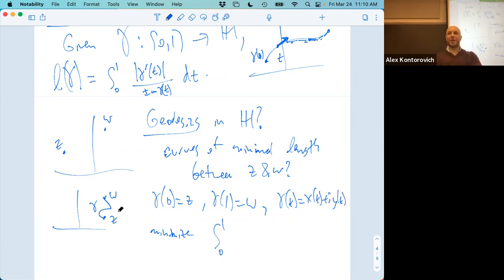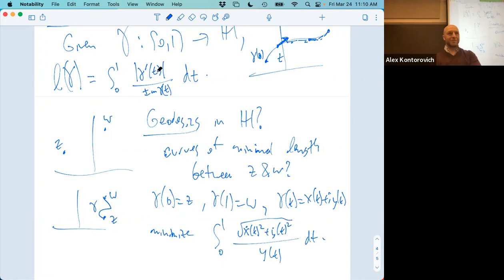Just parametrizing gamma. So what's the derivative? Well, this is x dot squared plus y dot squared, square rooted, divided by y of t, integral dt.